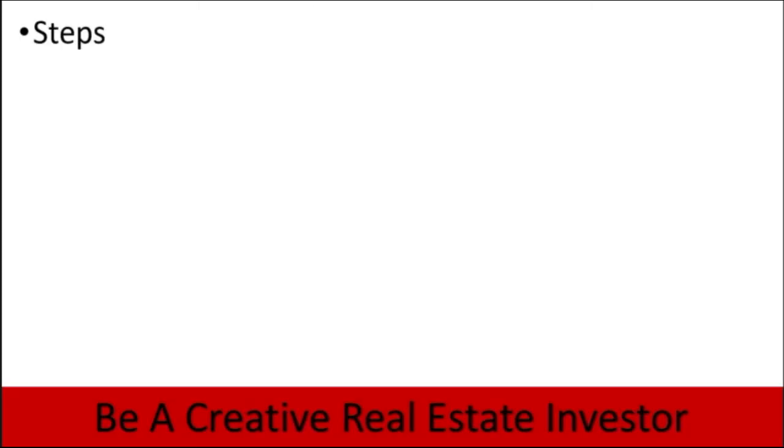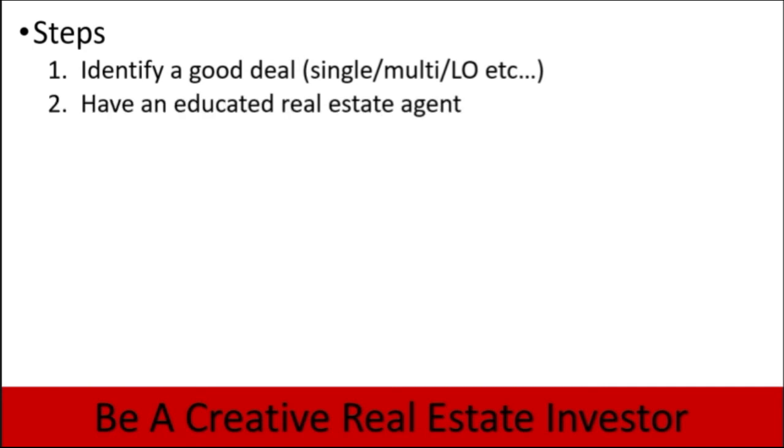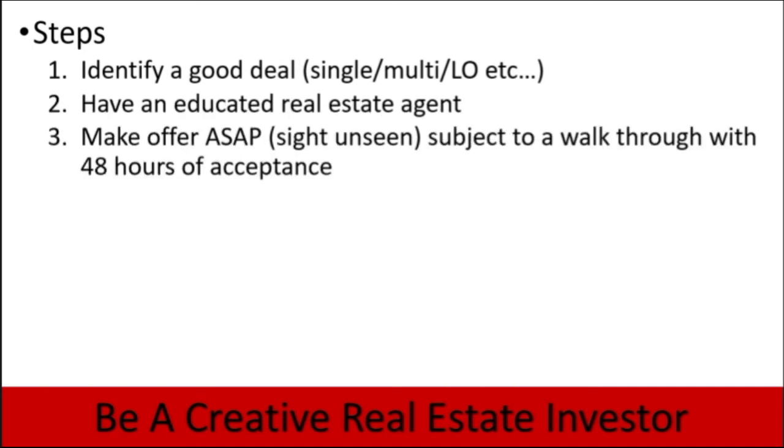All right, so let's just go over the steps here quickly. First thing you do is you identify a good deal, an opportunity. And again, it can be a single family home, a rental property, a lease option, just about anything. You want to make sure that you educate the real estate agent with respect to the process of what you're doing here.